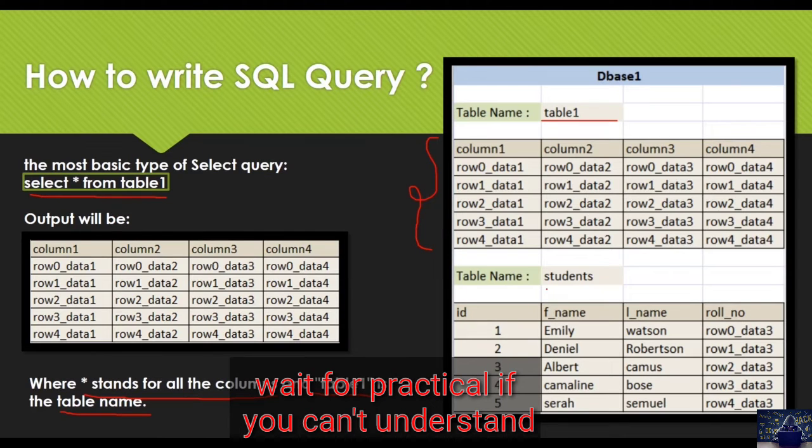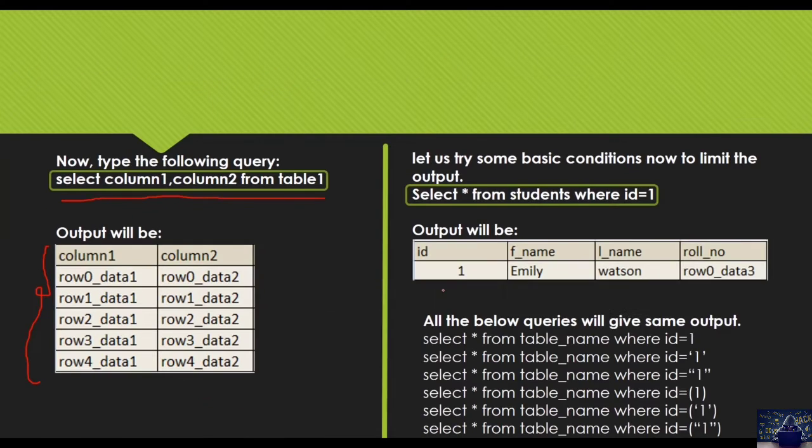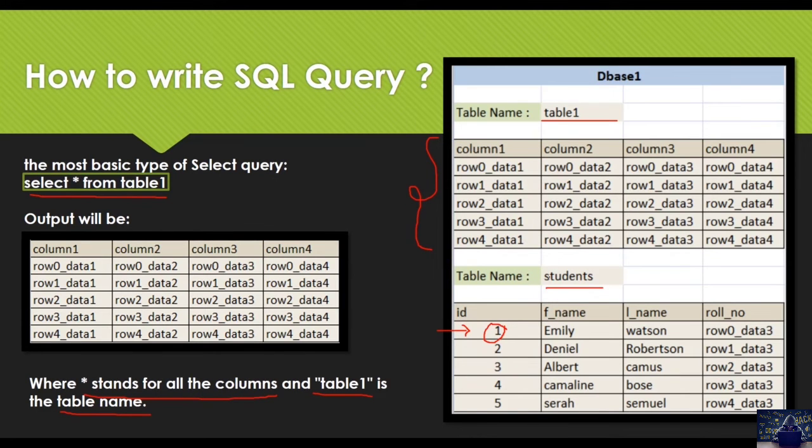Now let's look at the table students. If I want to fetch details of a person whose ID is equal to 1, what query should I use? I will use select star from student where ID is equal to 1. This query means that it will select everything from students, that is from this table, where ID is equal to 1.